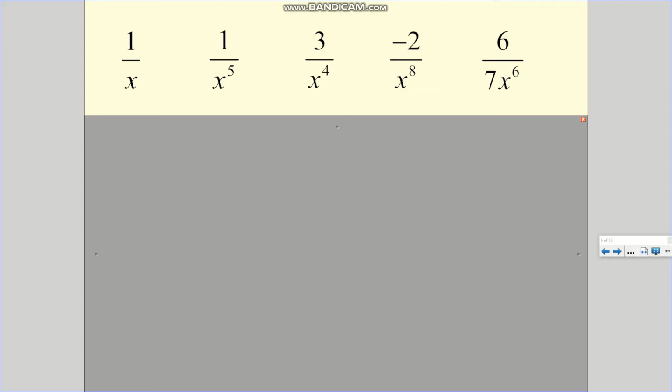So I'm going to ask you to rewrite these fractions, but with x not on the bottom of the fraction. I want this in an index form that you can differentiate. Pause the video now, complete these 5, and I'll be right back with the answers in just a couple of seconds.